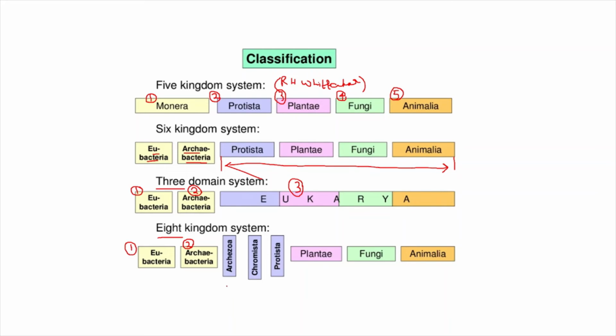So these together earlier used to form the kingdom Protista, but now three new kingdoms have been formed from Protista. Then we have fungi, Animalia. So altogether here we have the 8 kingdom system of classification. This is the newest system of classification nowadays.